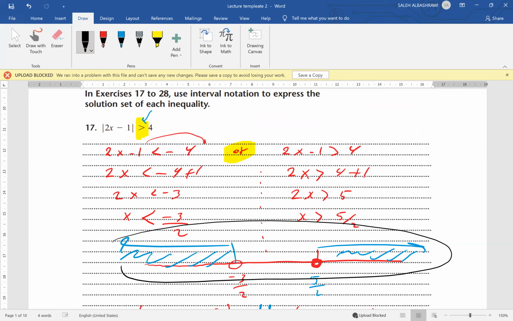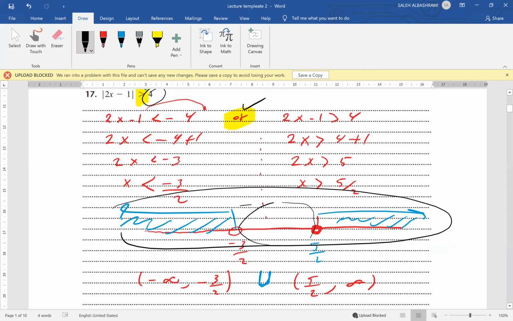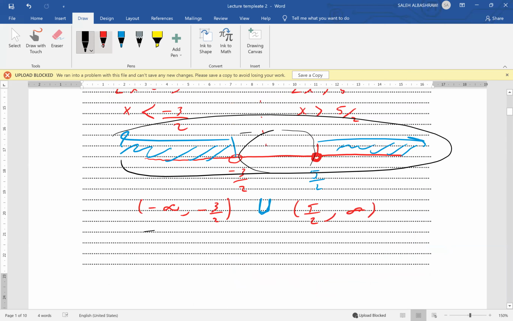In general, if the number is not equal to 0, these two intervals are disjoint. They don't have any overlapping part, or there is no common solution between the two intervals. But since we are using OR, we have to make it a union. The first interval union the second interval. So this will be the solution set for this absolute value inequality.